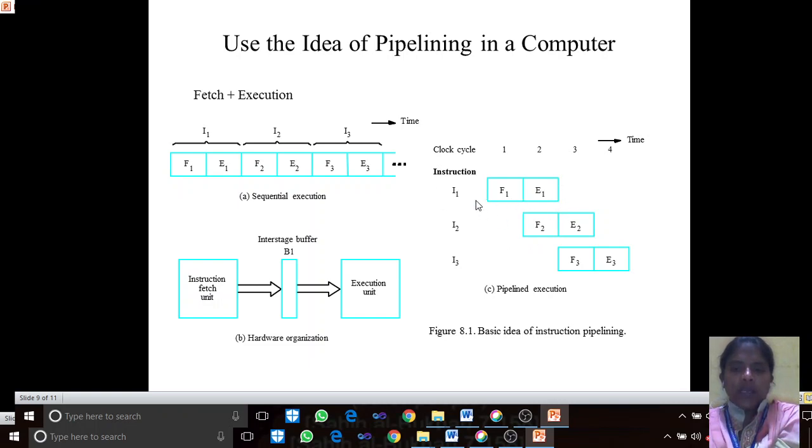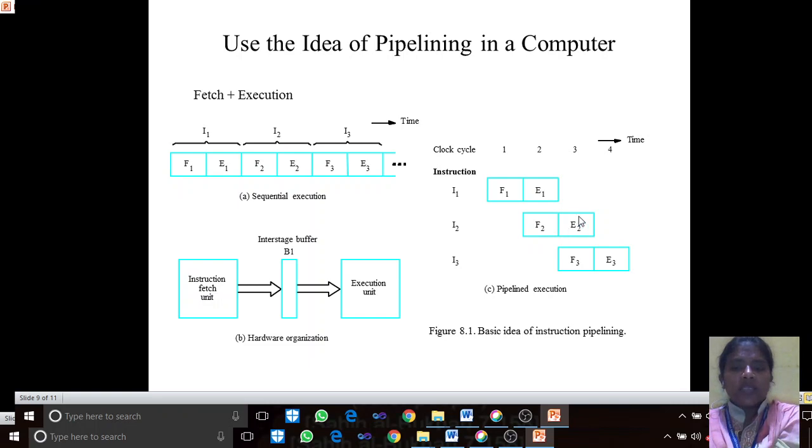With pipeline, instruction 1 is executing. The first instruction is fetched. F1 stands for instruction 1. E1 stands for executing. While instruction 1 is in the execution phase, the fetch unit can be used to fetch the second instruction.